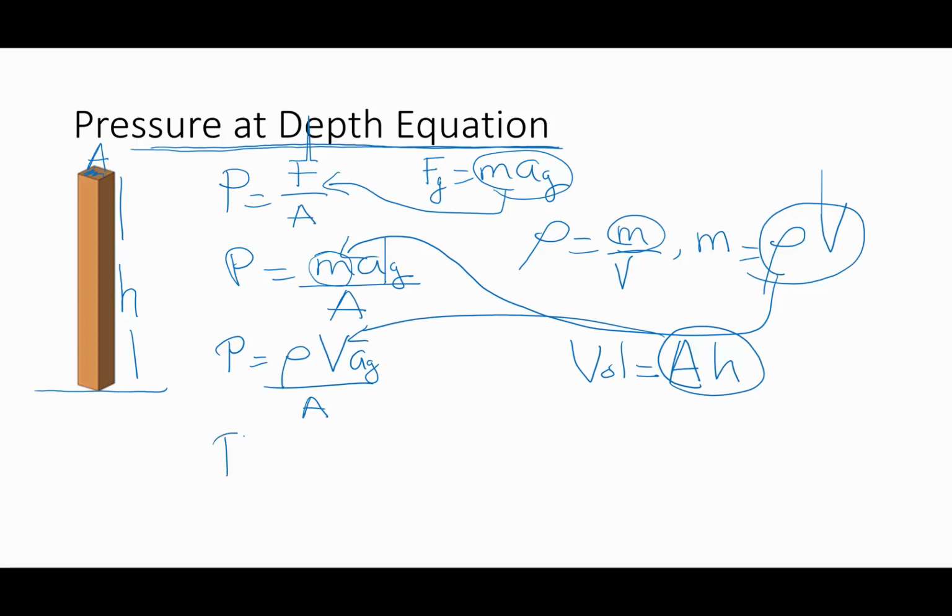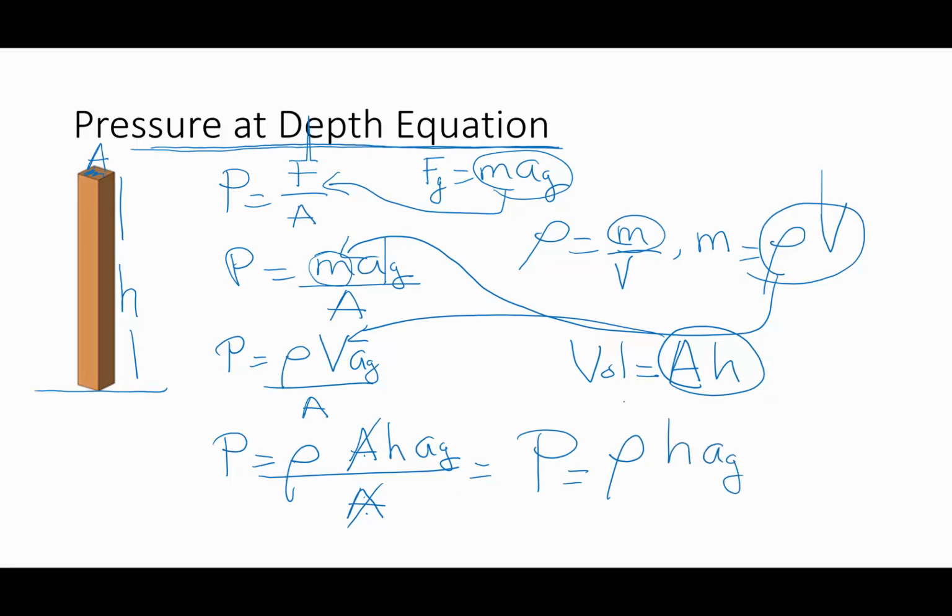So the pressure is going to be the density times the area times the height times acceleration of gravity divided by area. Well, I've got area on the top, area on the bottom. Same thing, top and bottom. What happens? They're going to cancel. And what I end up with is this equation. Pressure is density, rho, times height times acceleration of gravity. And that actually is my pressure at depth equation.